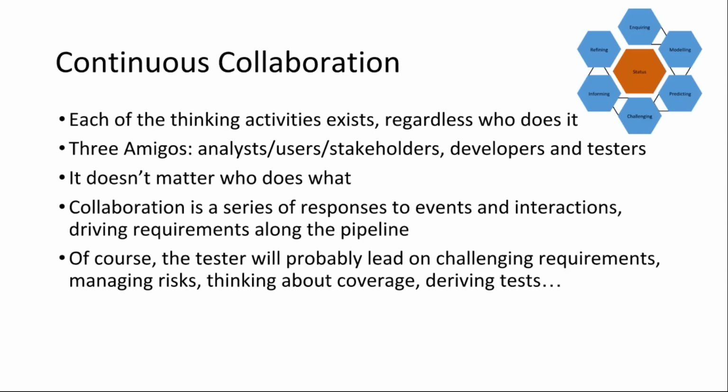But more likely, we have this idea of the three amigos, the three viewpoints from a business analyst or a user, a stakeholder, if you like, then the developers, and then the testers, and we contribute different aspects to the collaboration. It's a series of responses to events and interactions between people, and this is how we're driving requirements through the pipeline, by continuously talking, acting on the information we have to write code, to build tests, to understand tests, and so on and so forth.